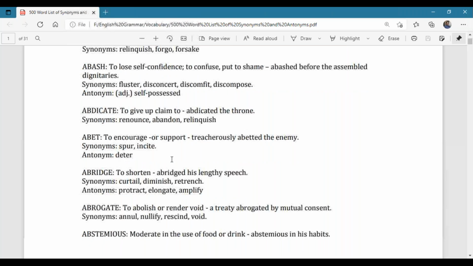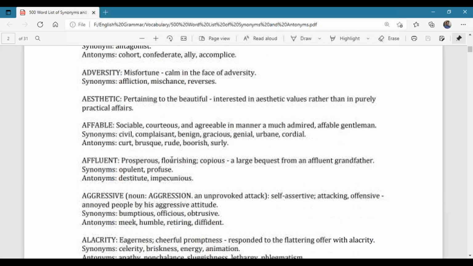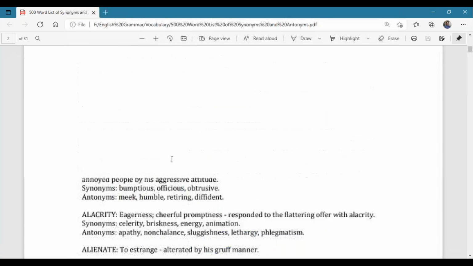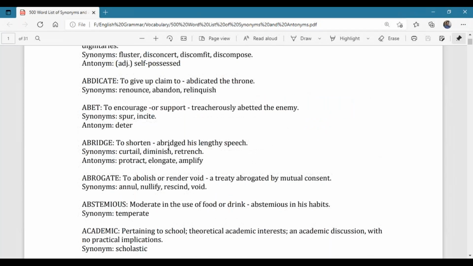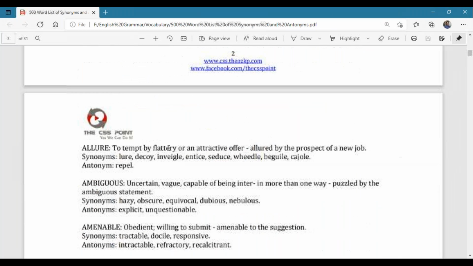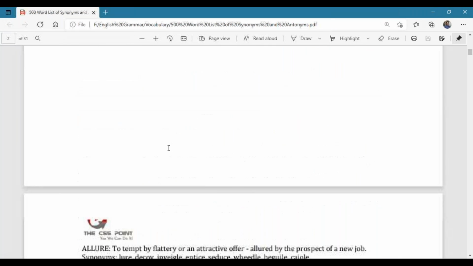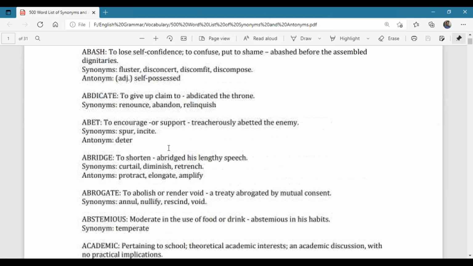That is very simple. Now we'll focus on a few words, then continue with reading comprehension, and then again after completion of reading comprehension, we'll focus on this again. Please give me 2 minutes. I'm going to start.